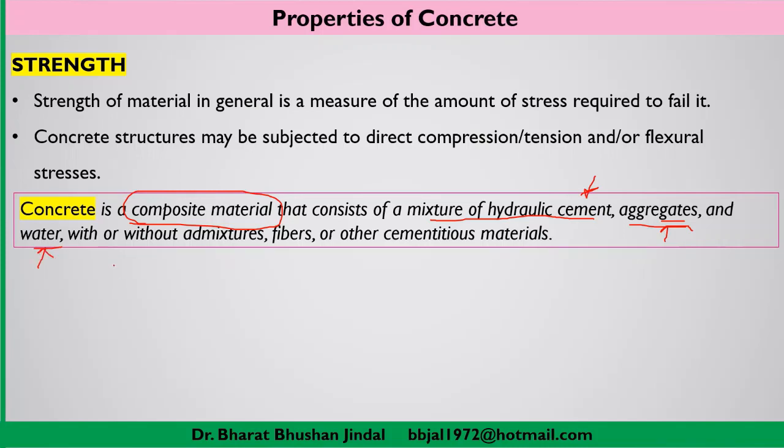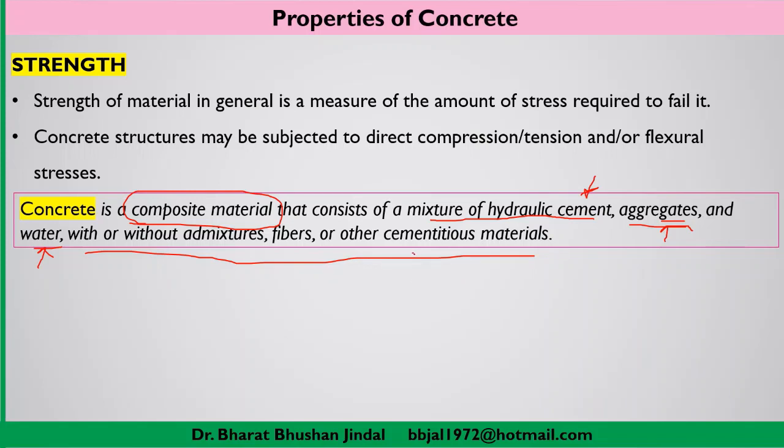Now you can prepare concrete only with the help of these three materials, or you can add some admixtures, some fiber or other cementitious material if you are interested in improving the basic properties of the concrete.